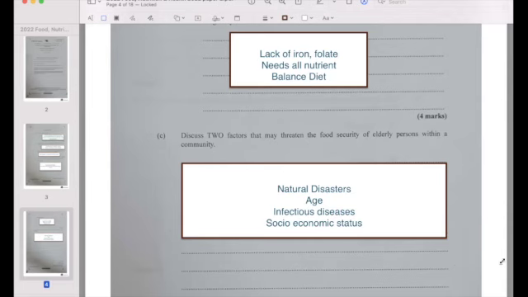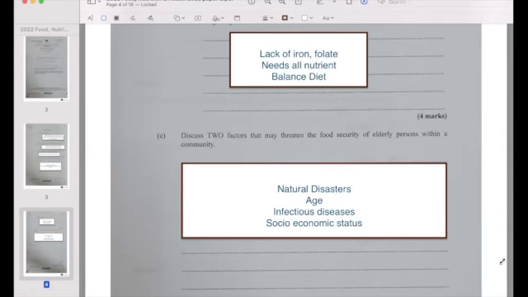Age is also a factor that influences choice, because when you're talking about age, you're talking about different food items that a person needs to consume based on their health issues, and the list goes on. Another factor would be infectious disease. 2 years ago we experienced COVID, where food was threatened. We were getting food from different countries, and we had a shortage of certain food items.